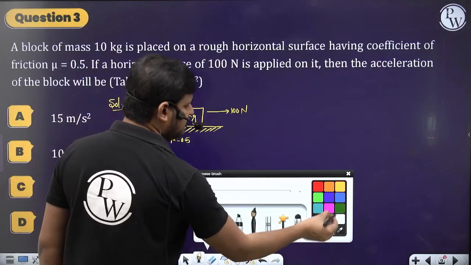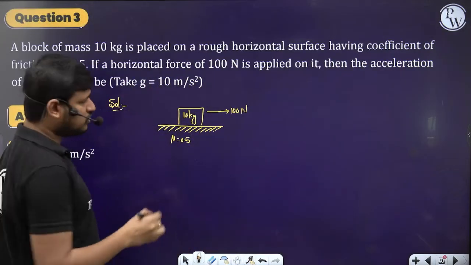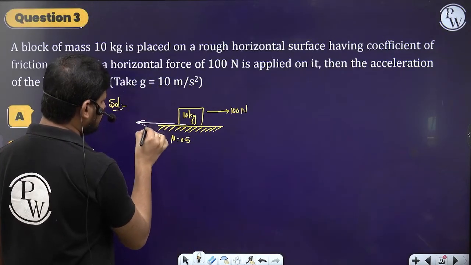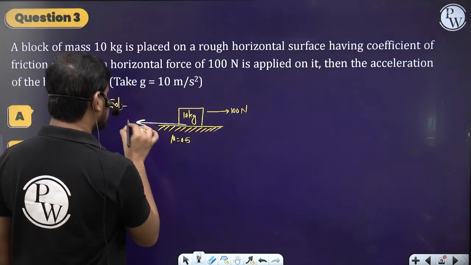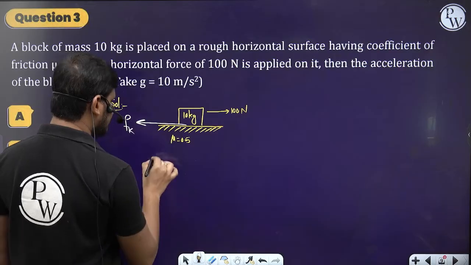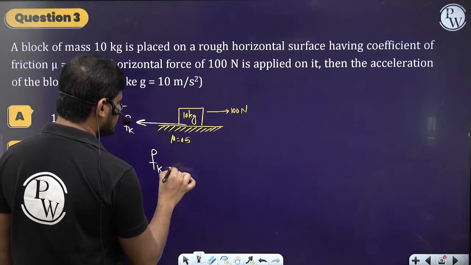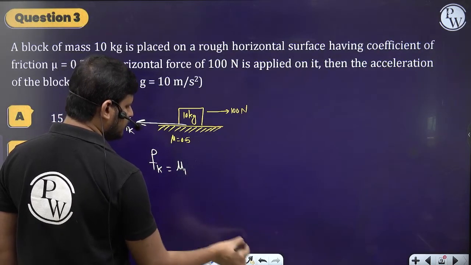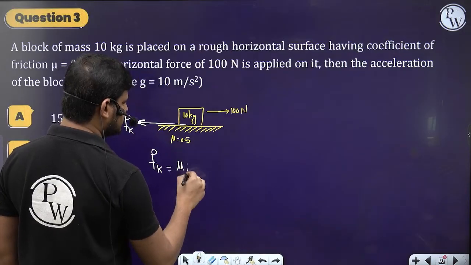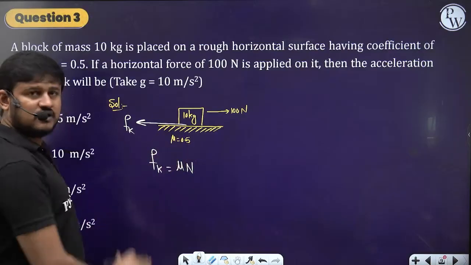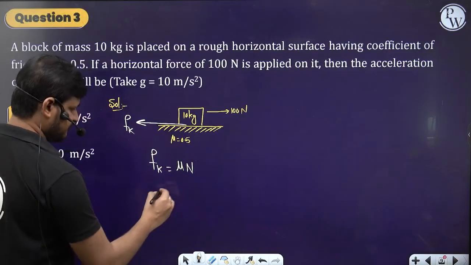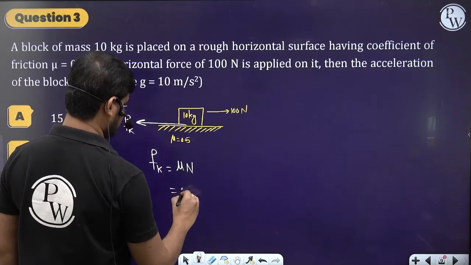See here, first what is the friction that comes into the role? This side the friction will act as the object is moving. So what kind of friction will act? The kinetic friction. So let's find what is kinetic friction first. So the Fk is equals to mu into N. Mu k means here mu is given, directly consider it as kinetic friction. If nothing is given, consider that as a coefficient of kinetic friction, right? So mu 0.5.